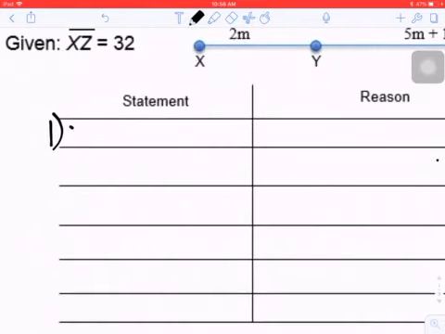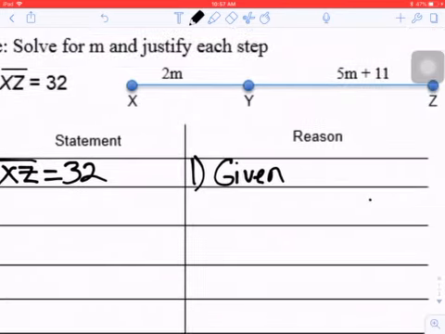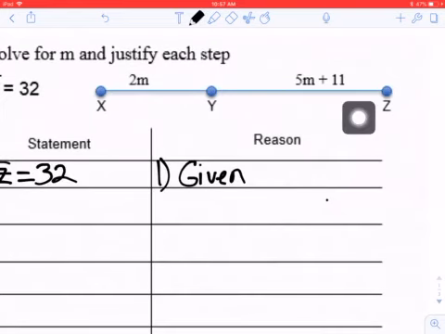number 1, we are given that line segment XZ is equal to 32. Given. And from there, I'm going to use the idea that if I add up the two pieces inside, the XY and the YZ, I should be able to get the whole thing.